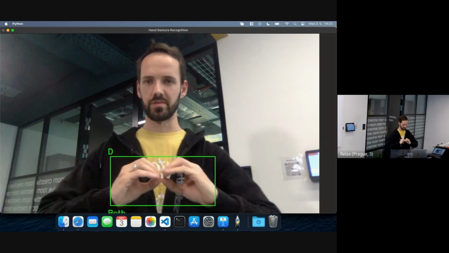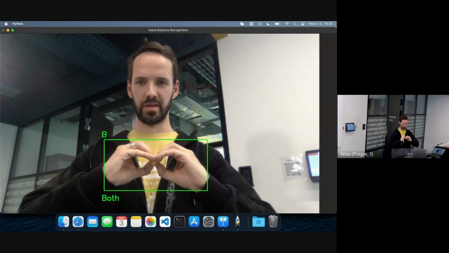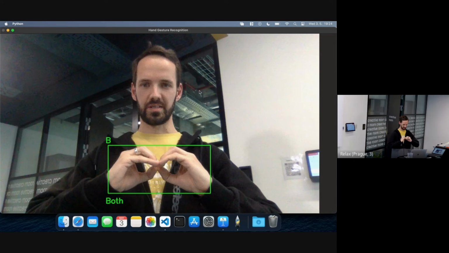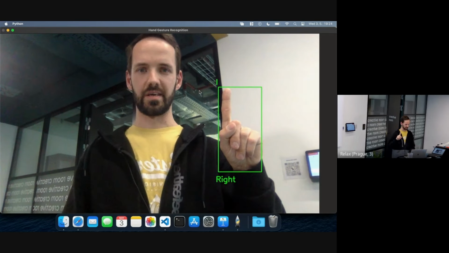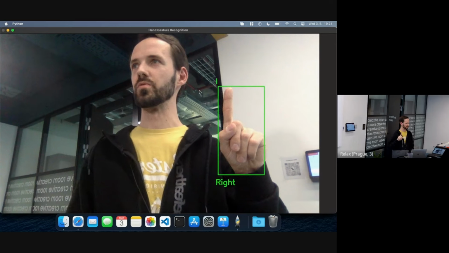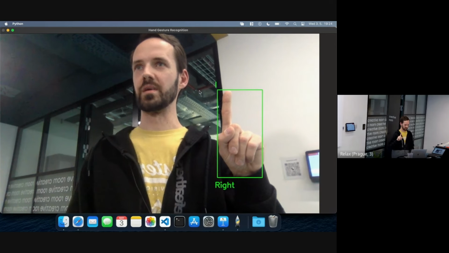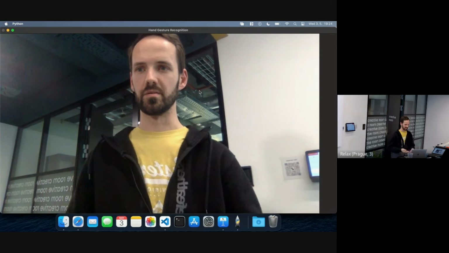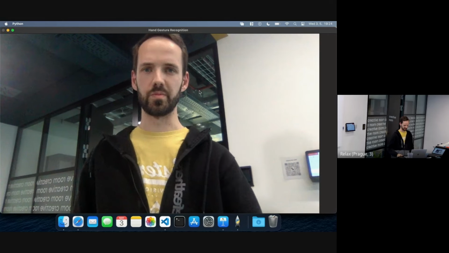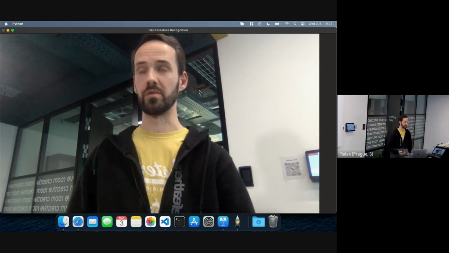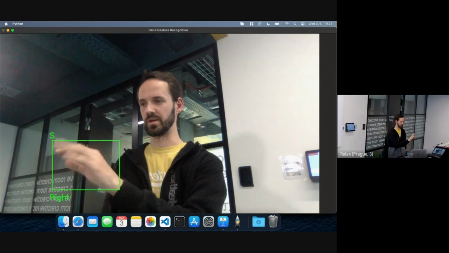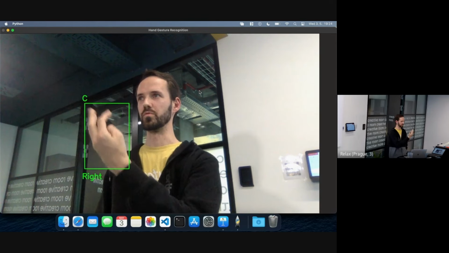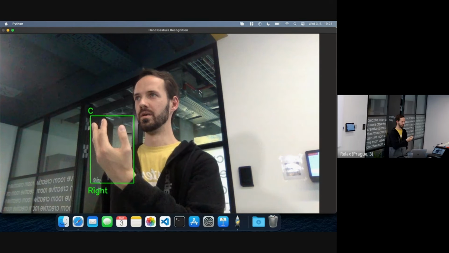But for something that was just tested, basically it was trained on few images of me, but later, maybe after all the presentations, I can keep this running. You can come and see how it works with your hands, which are different. They will have different distances of all those points. It might work for you, it might not.